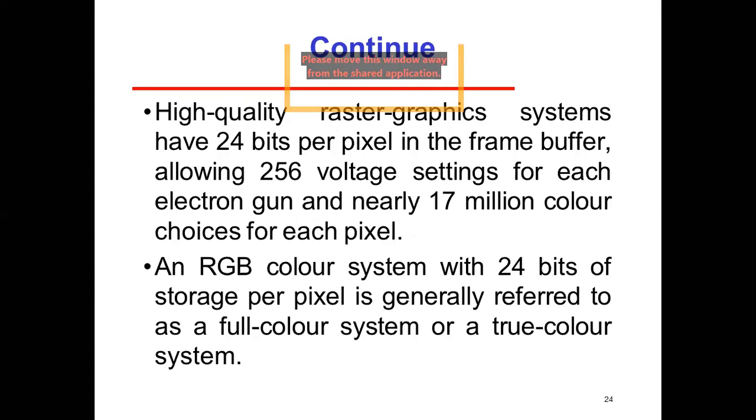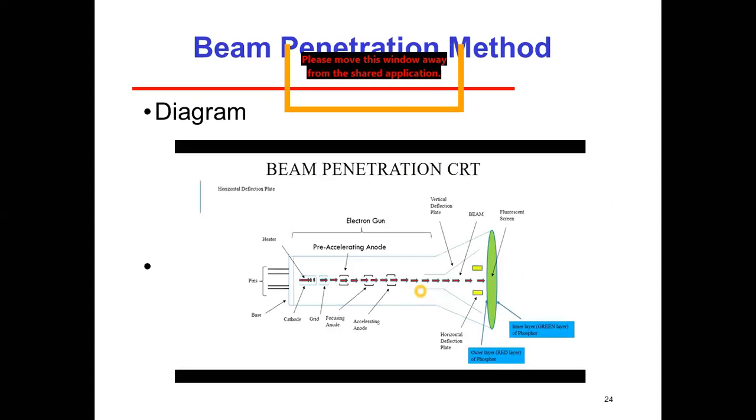Similarly, an RGB color system with 24 bits of storage per pixel is generally referred to as a full color system. Now you can see each pixel gives you nearly 17 million colors. Now you can calculate.